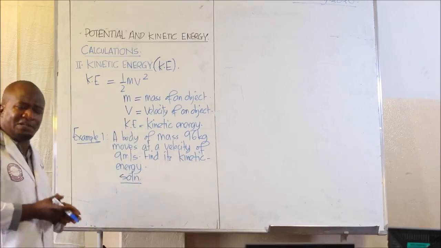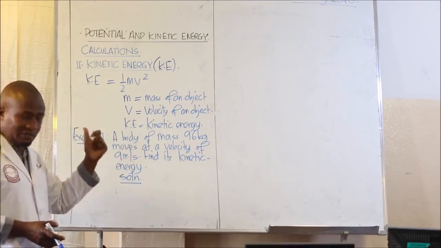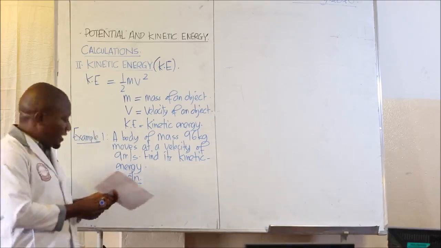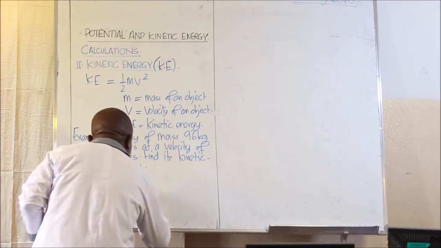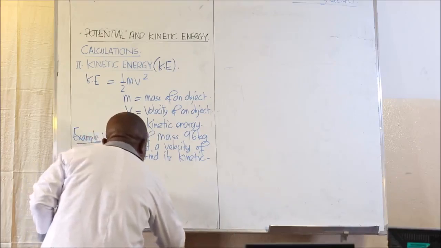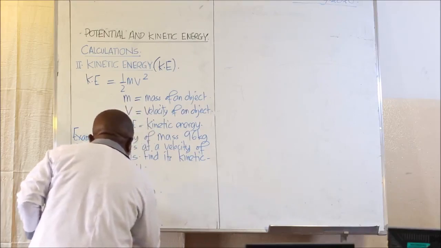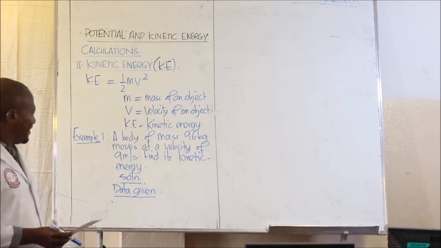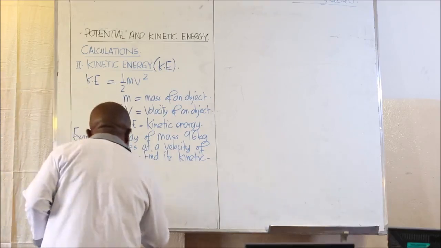The quantities are normally given in specific units. Here, you write data given. The first data given is the mass of a body.